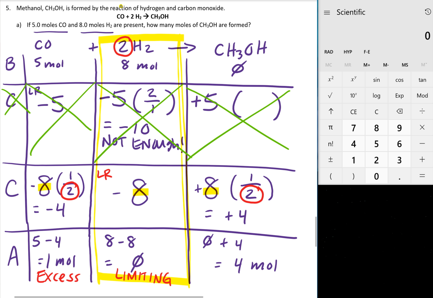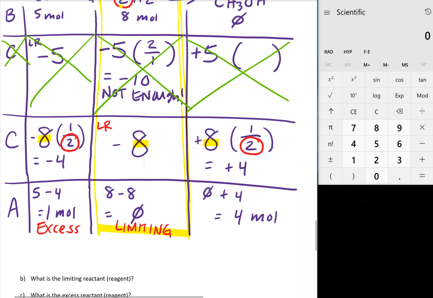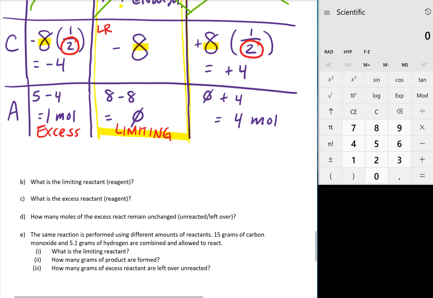And then finally your product, you have made 4 moles of CH3OH. So to answer these last questions, you can look at your BCA table. We already said hydrogen was limiting, your excess is CO, carbon monoxide, and according to your BCA table, you have 1 mole of carbon monoxide left over.